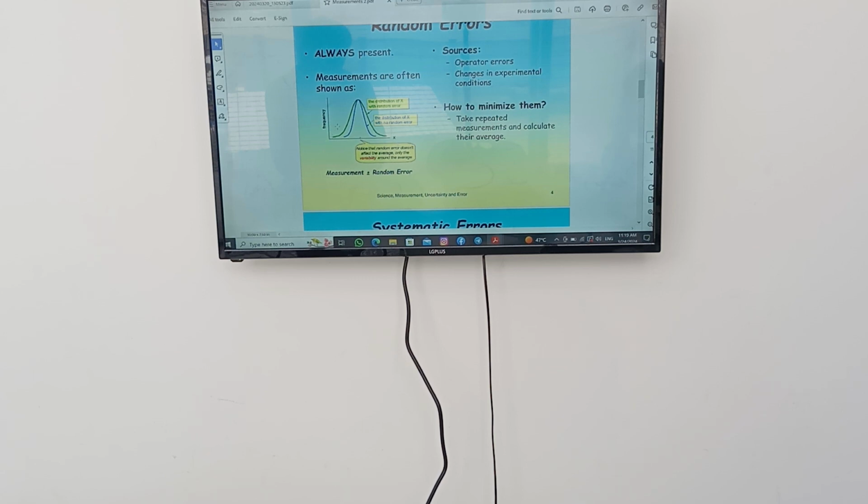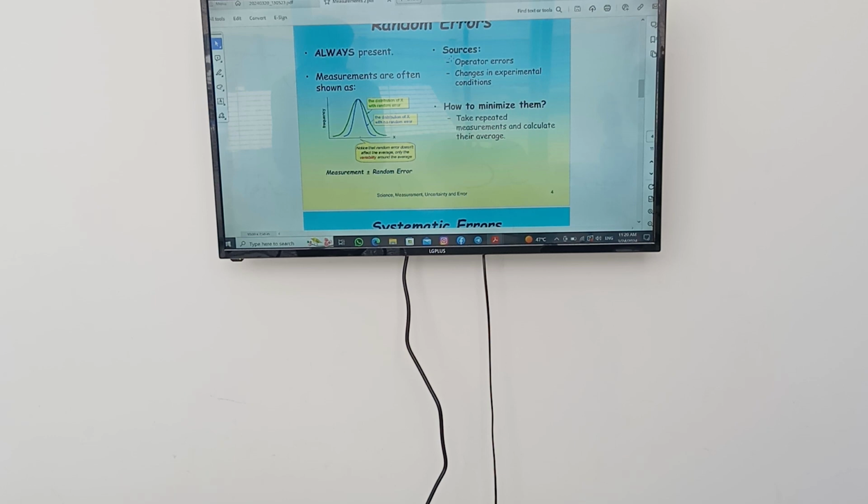The green line is the distribution with random error, and the blue line is the distribution of x with no random error. So you can see in this diagram that the distribution with random error is more frequent because the peak hits a higher frequency. Random errors are always present or happen more often than the other type of error.